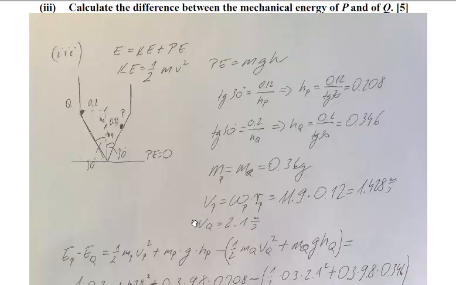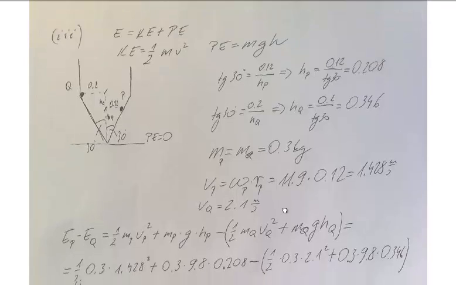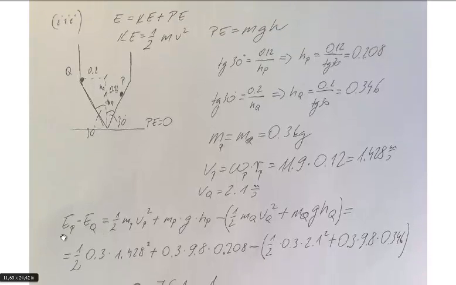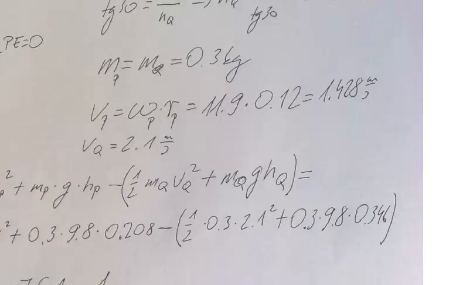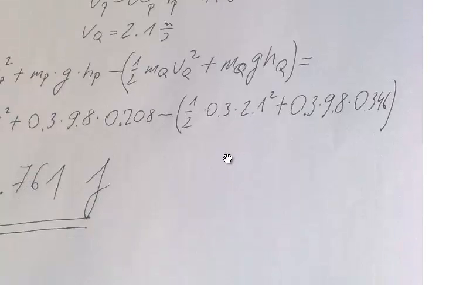We know the velocity of Q, so the difference between the two mechanical energies, kinetic energy of P plus potential energy of P minus kinetic energy plus potential energy of Q. We substitute and calculate, so we get that our solution is minus 0.761 joules.